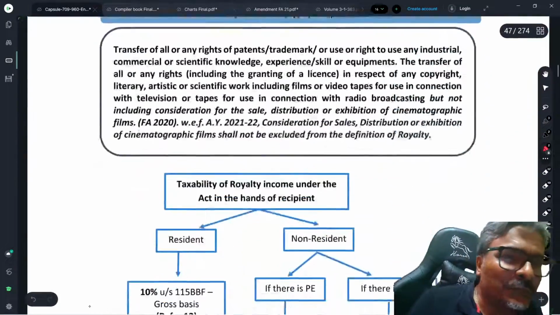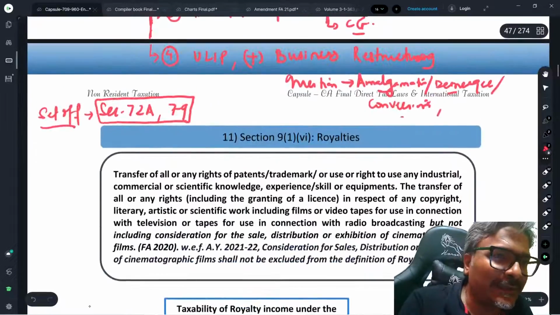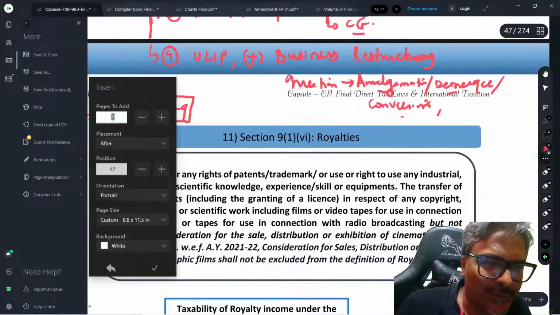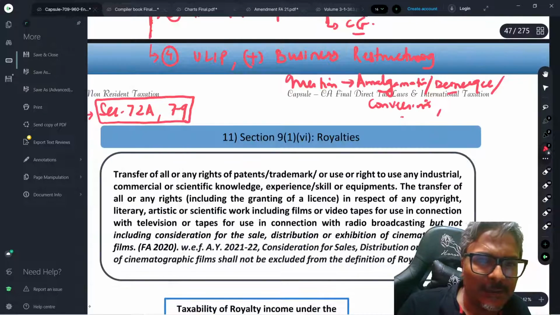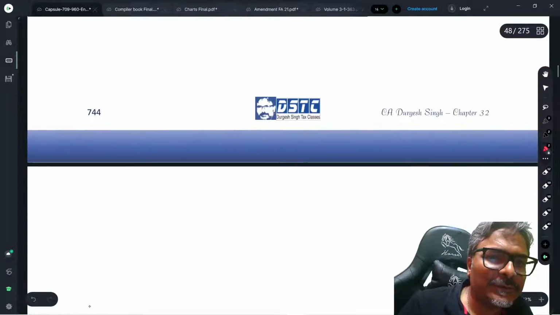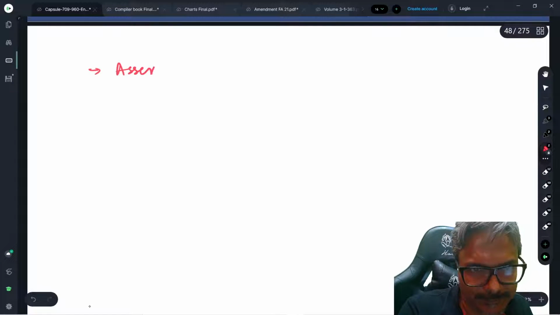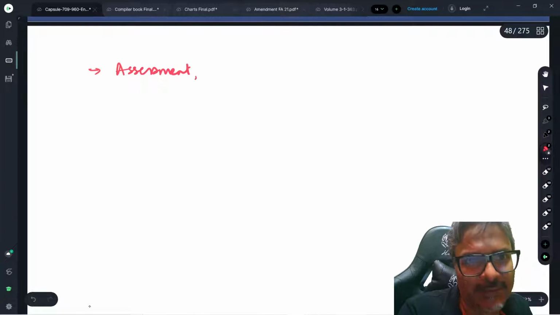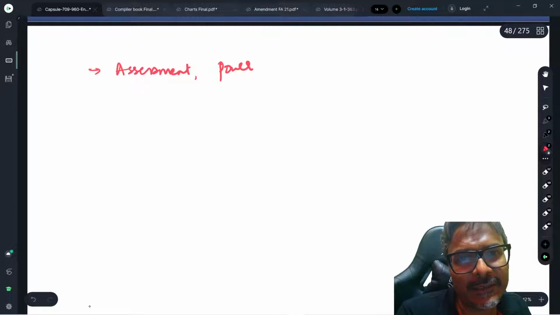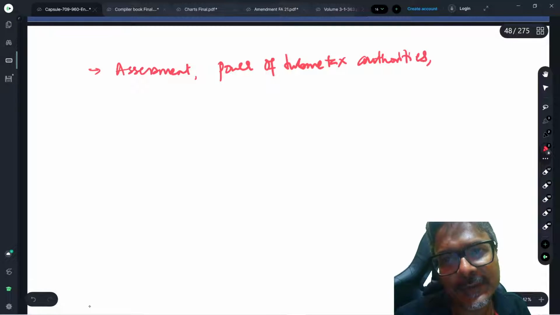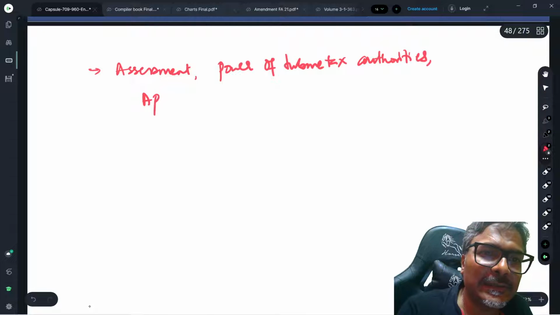Now the last one, students, which I'll tell all of you, the last area. Thereafter, you are on your own, students. Only the last area. The last area, students, is the assessment, power of income tax authority, appeals.